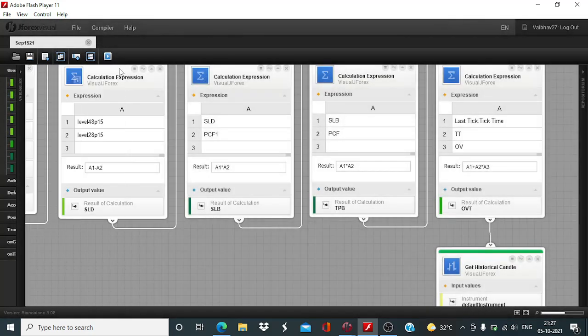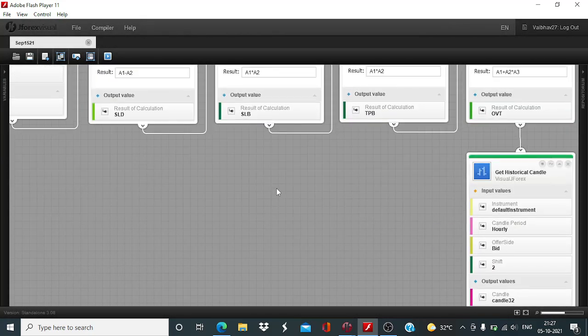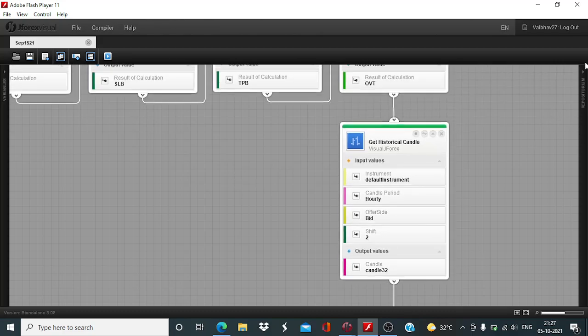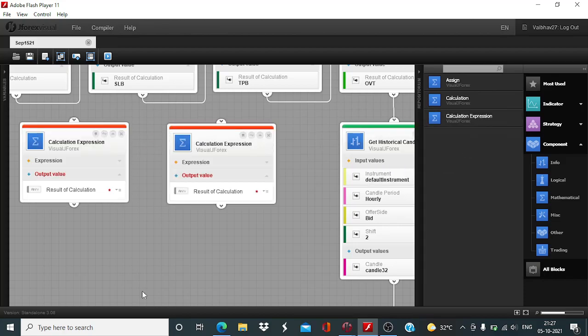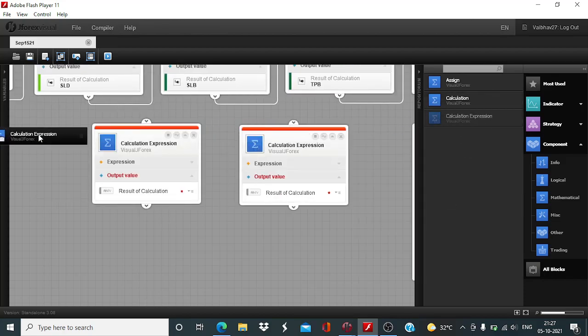Okay, now we have to bring in calculation expression blocks. We are going to need 3 of these.